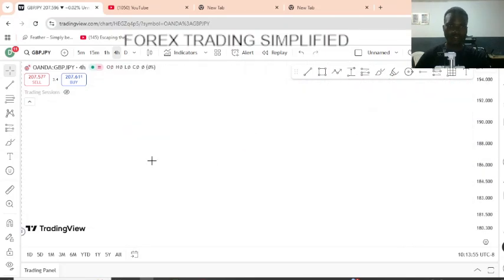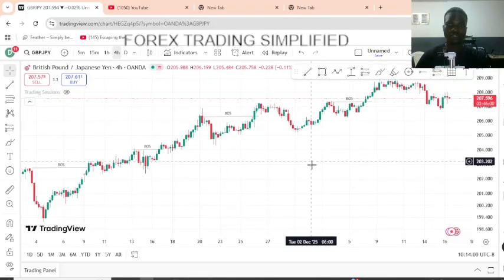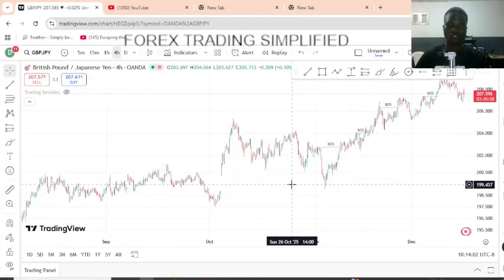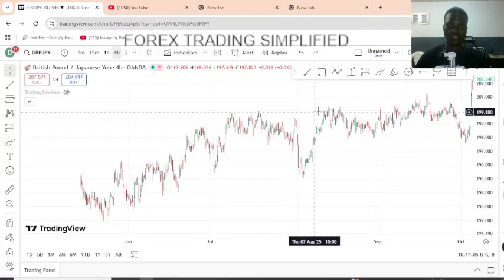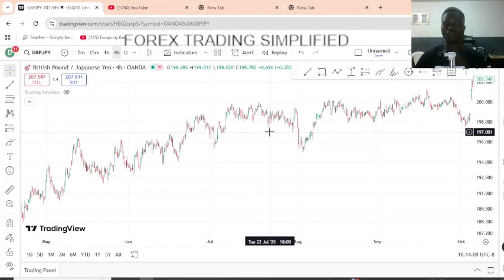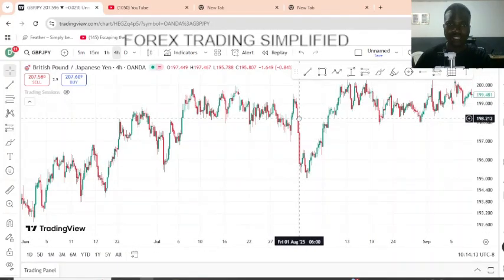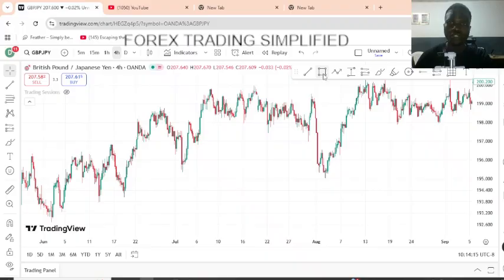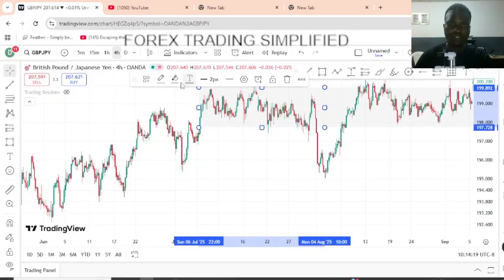That's the network, sorry about that. So I'm going to show you the consolidation markets. All right, so this is how we spot out consolidation, and this is a perfect example. So now I'm going to draw a box right here.